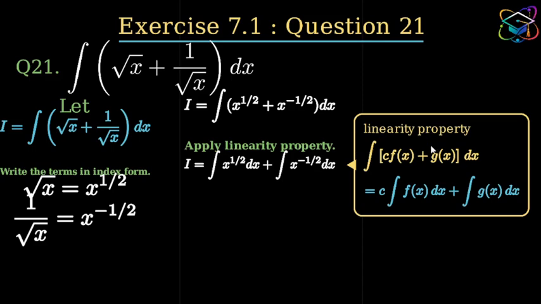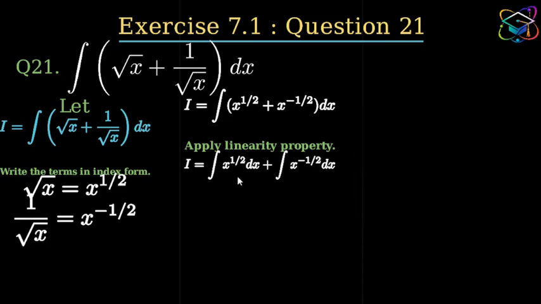This is called the linearity property. The two terms can be separately written as separate integrals. So here also these are the two terms, which we have separated into two separate integrals. Applying this linearity property, I is equal to integration of x raised to half dx plus integration of x raised to minus half dx.